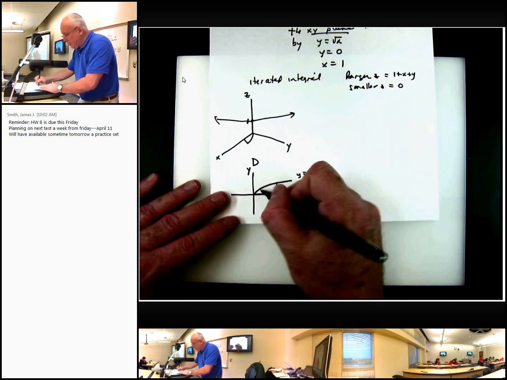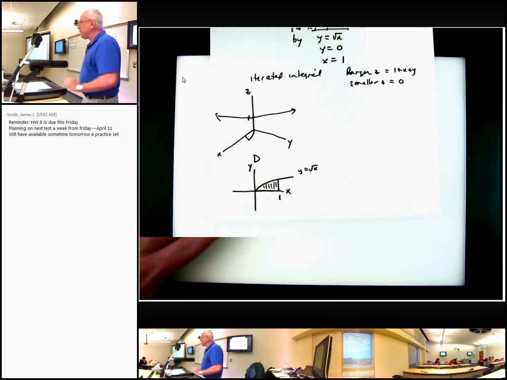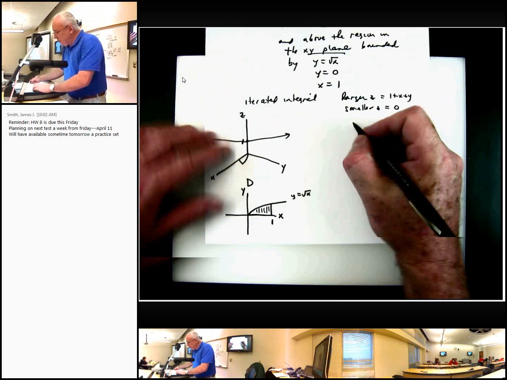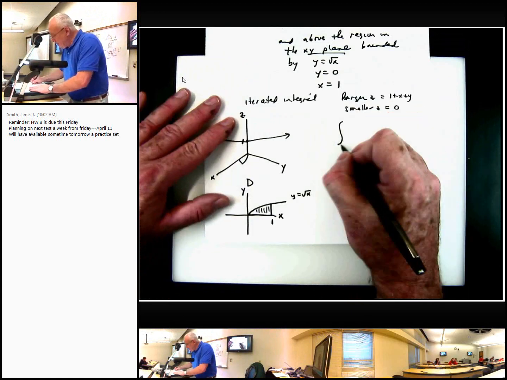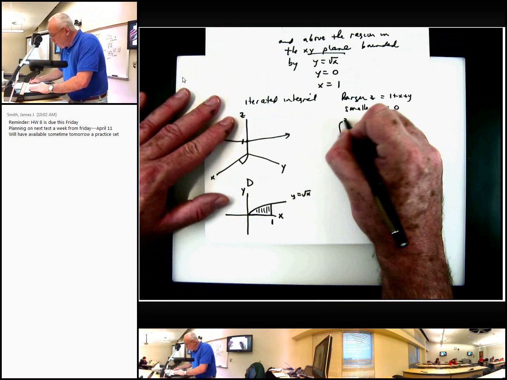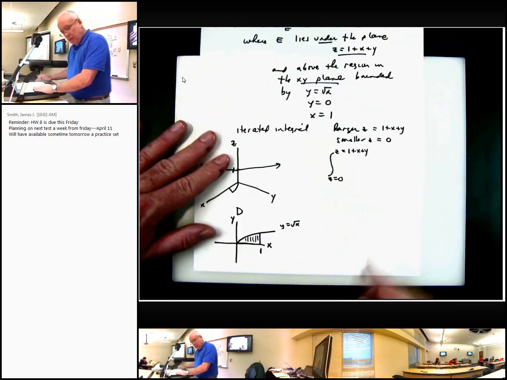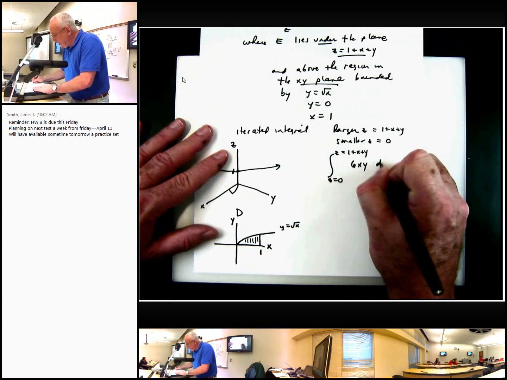So this right here is what we are integrating over in the xy plane. So let's set up this iterated integral. First of all, we're going to have z going from 0 to 1 plus x plus y. Let's put our function here, 6xy, and that's dz.